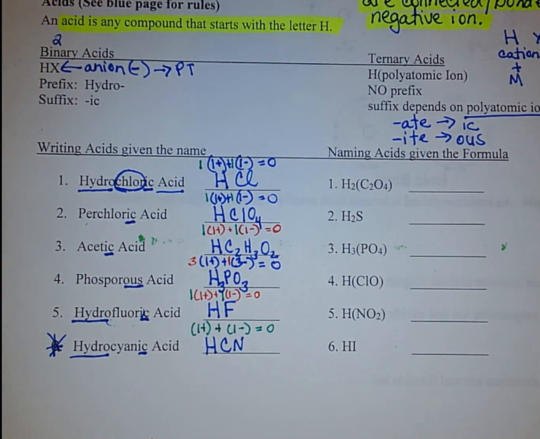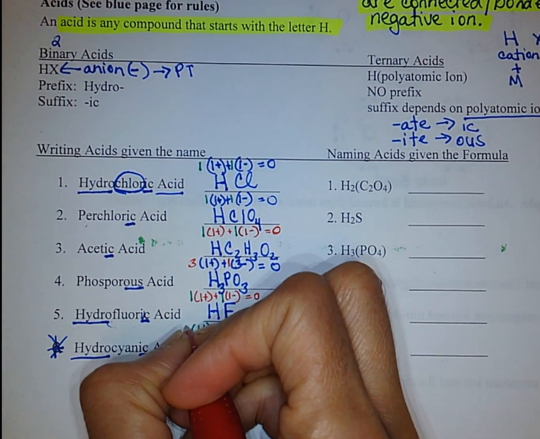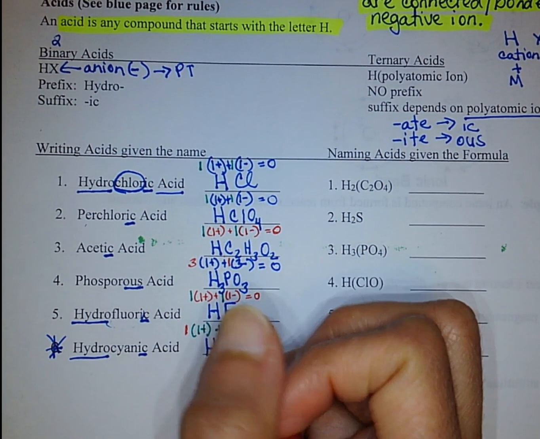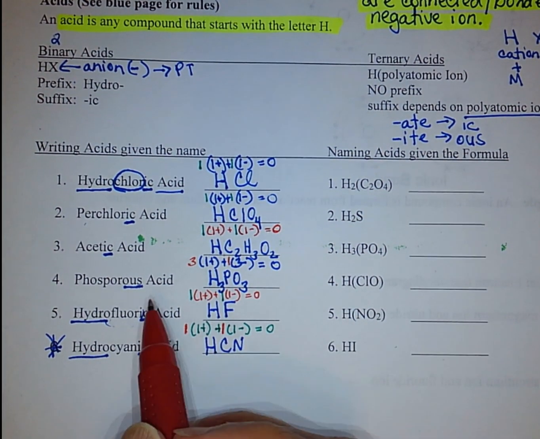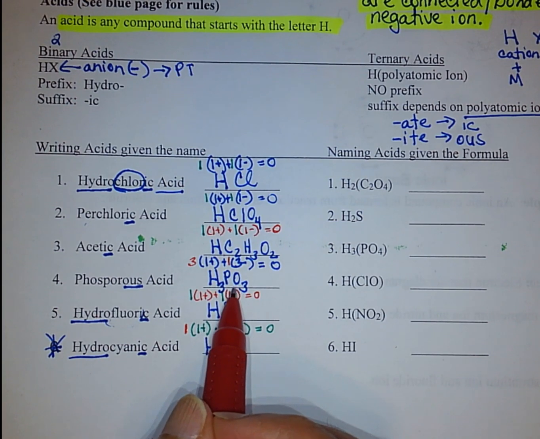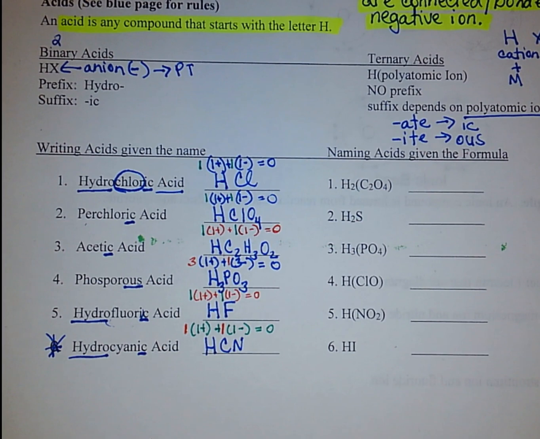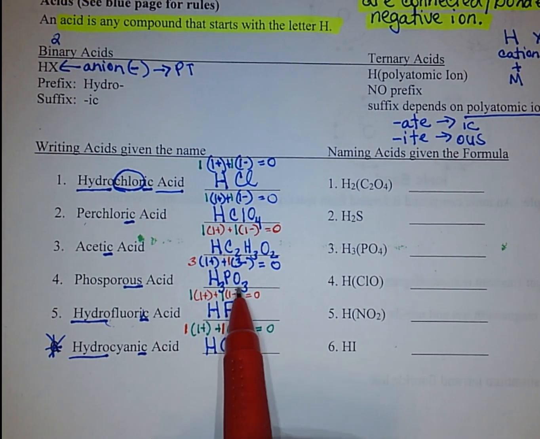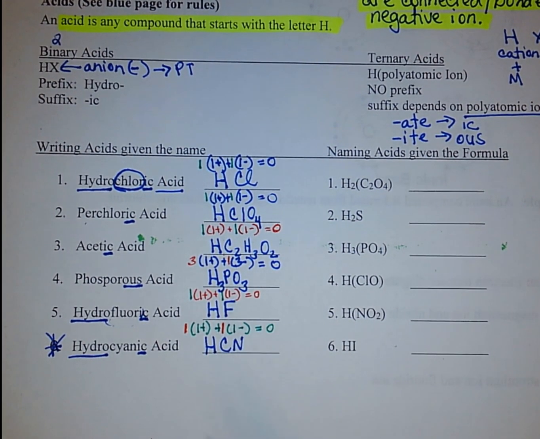And they're both going to be 1-to-1 ratio. Unlike phosphite here, it was 3 hydrogens for every ion of phosphite, I should say, right here.